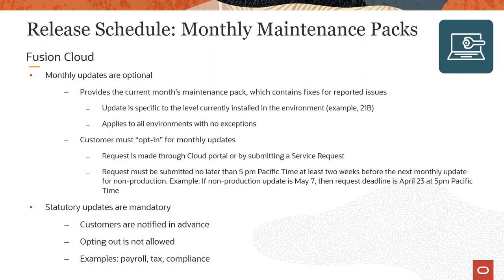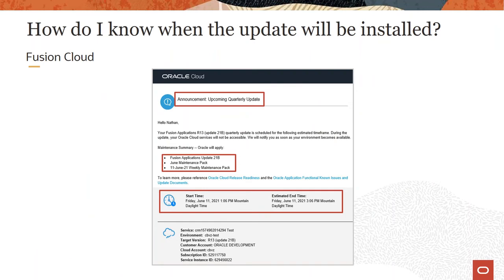By the way, you may have coming at you some statutory updates relating to payroll, tax, and compliance, and in those cases, you will be notified in advance, and opting out is not permitted. Again, as each update time approaches, service administrators are sent an email with the exact date and time updates will be installed. Notice in this case, we're talking about a quarterly update that will also include a maintenance pack as well.